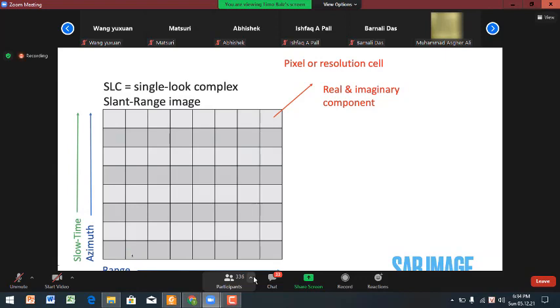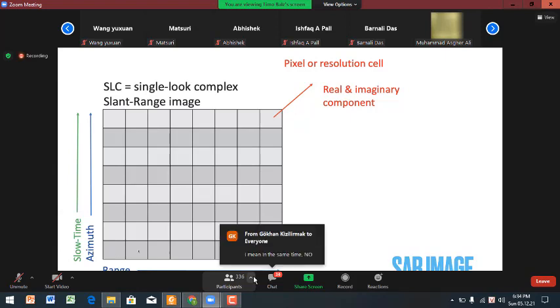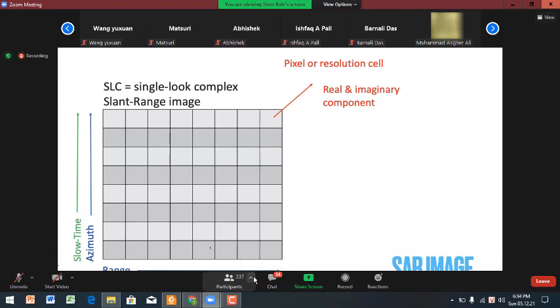They give you the time difference from one pixel to another, a very small time difference, because it's the speed of light difference between these pixels in range. And in azimuth, it's also a time. It is basically the flying time.